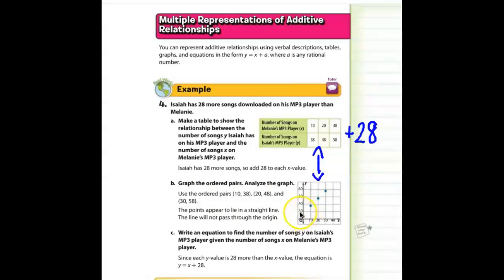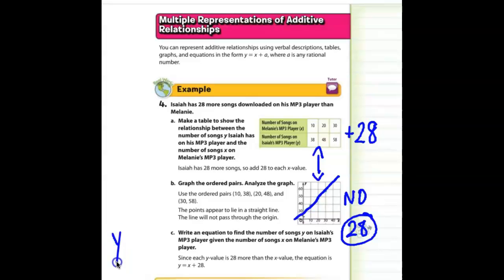Now, if I were to connect this, you can see it has a linear relationship, but does it go through the origin? No, it does not go through the origin. It actually crosses the y-axis at what number? 28. And it crosses at the number 28 because, let's look at our equation down here.